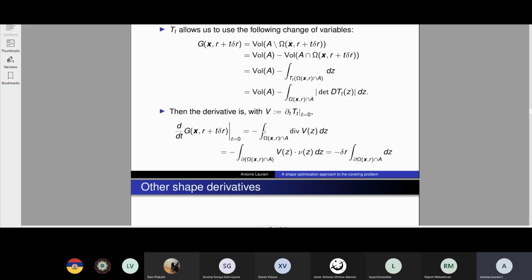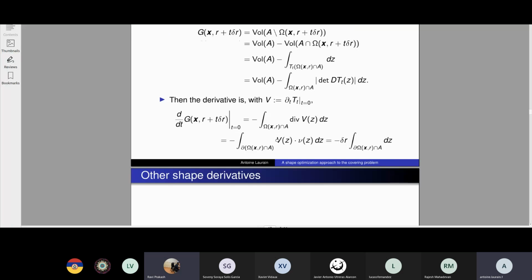Then you can use the divergence theorem, and you get an integral on the boundary of v scalar nu. This is just the divergence theorem. Then you can show that this v scalar nu is equal to the perturbation of the radius, which is called delta r.